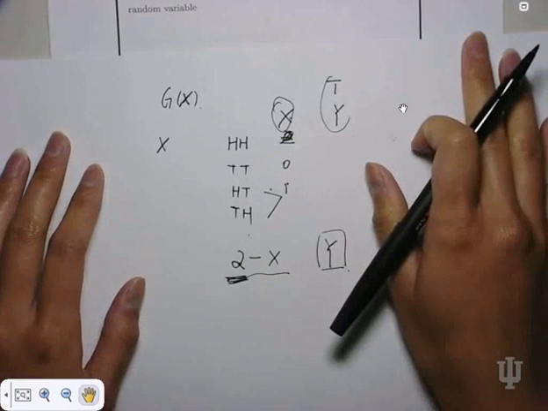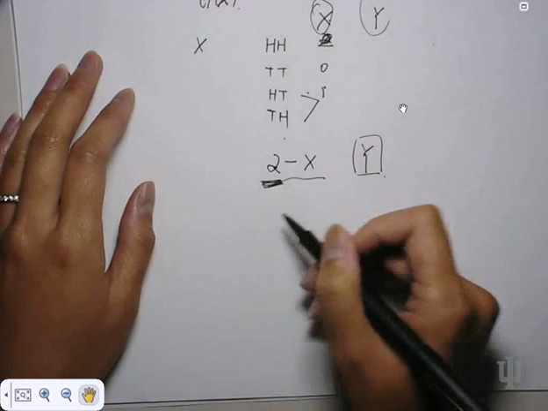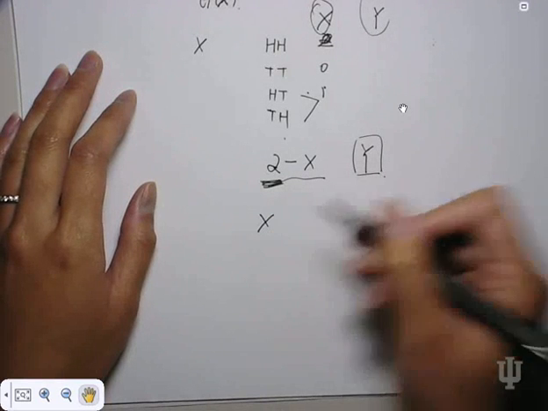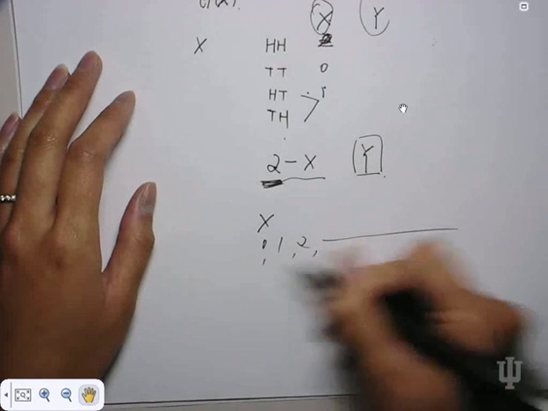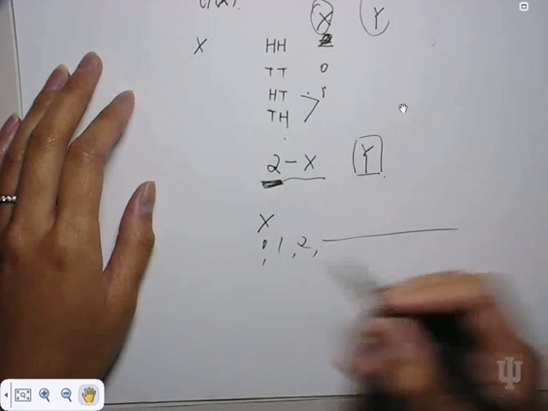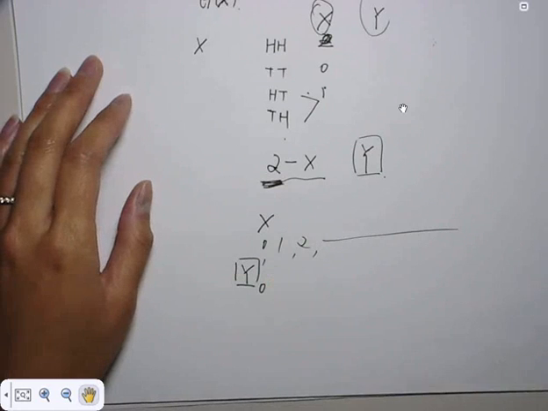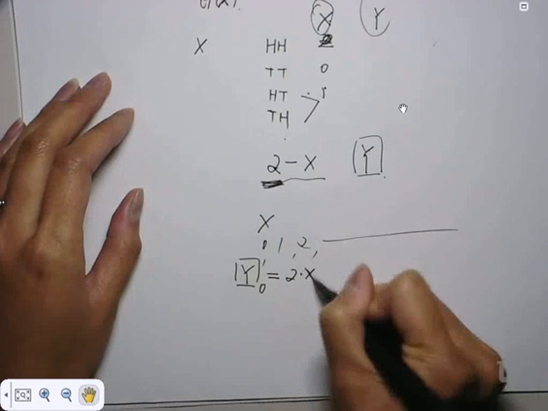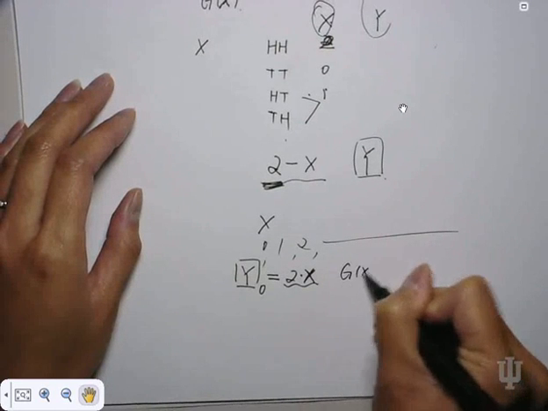Another example, we buy lottery tickets, and your x is how many tickets you buy. It can be 0, 1, 2, countable, right? And for each ticket, you can spend, for example, $2. That means y is 2 times x, right? And I call this function g of x.